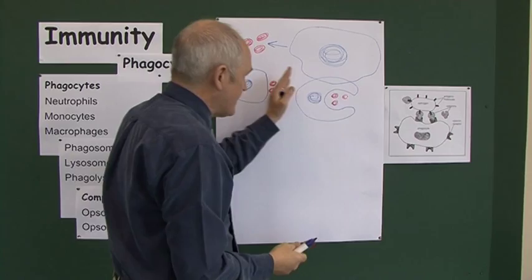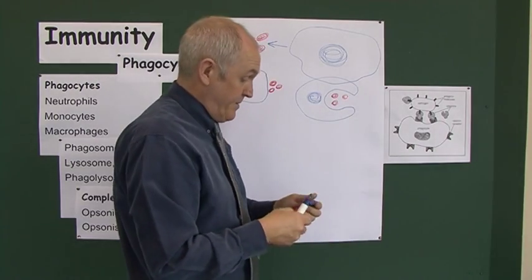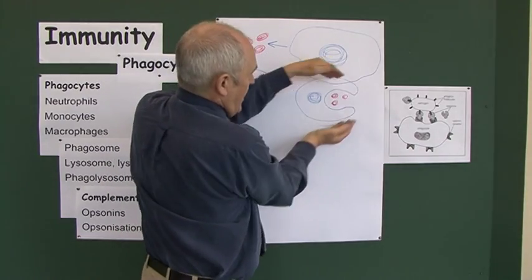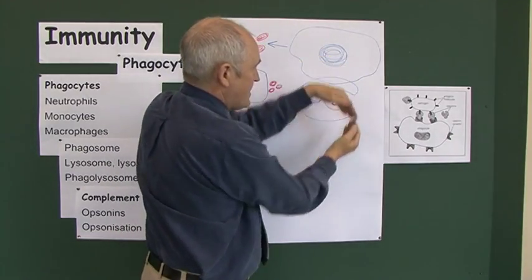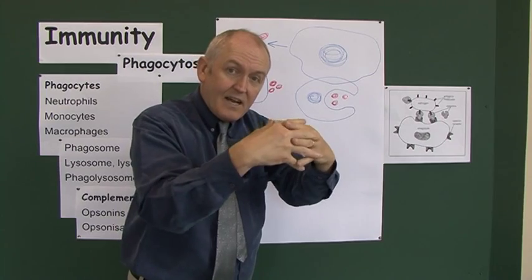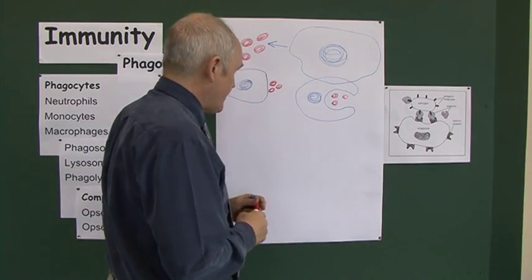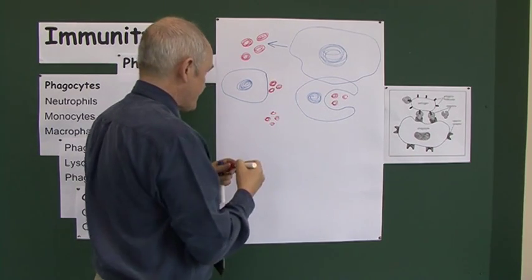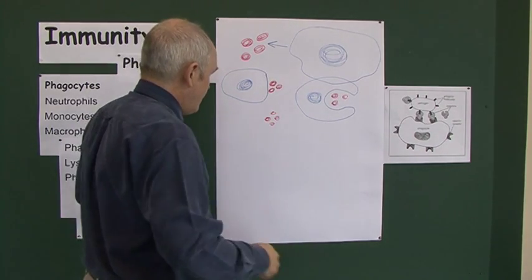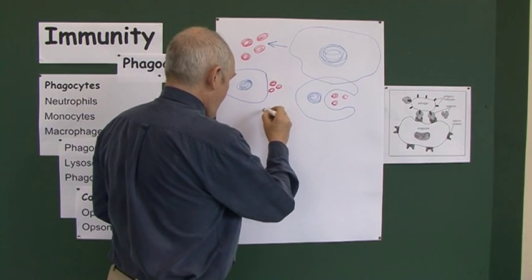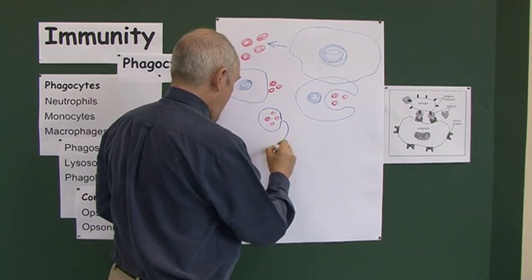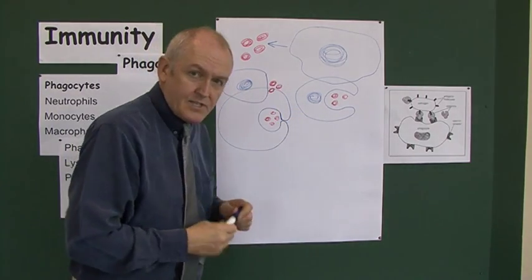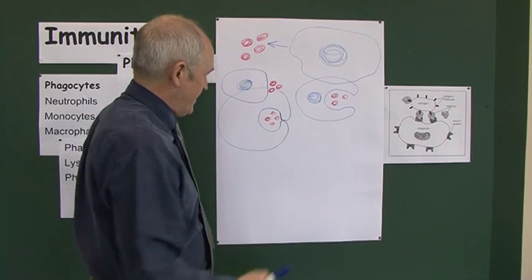Then these two arms of the macrophage can actually join together and fuse. So if we look at this a little bit of time later, here's the bacteria as before, but now the arms of the monocyte have virtually completely surrounded it because it's kept moving.